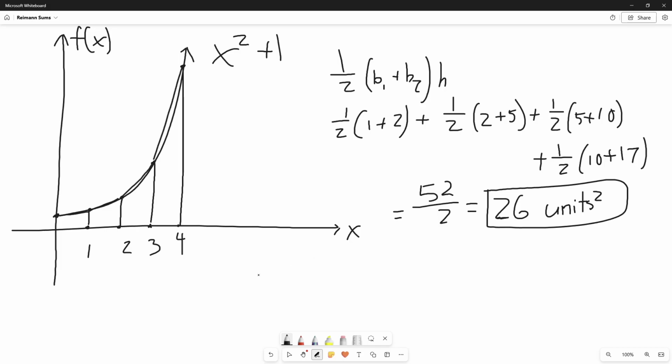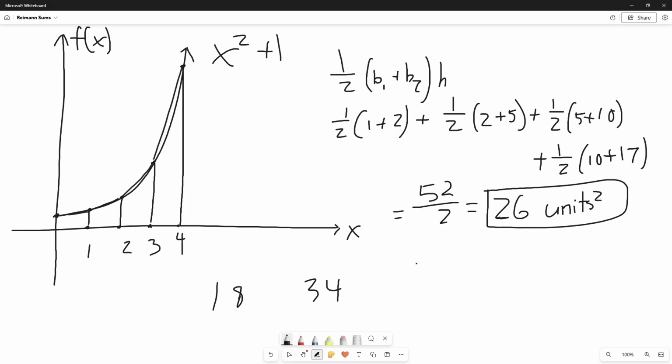And let's think back to what we calculated as our left rectangle and right rectangle approximations. So our left rectangle was 18, and our right rectangle was 34. And as you can see, this one's kind of in the middle, and it's going to be more accurate than either of these, but not as accurate as your midpoint again.